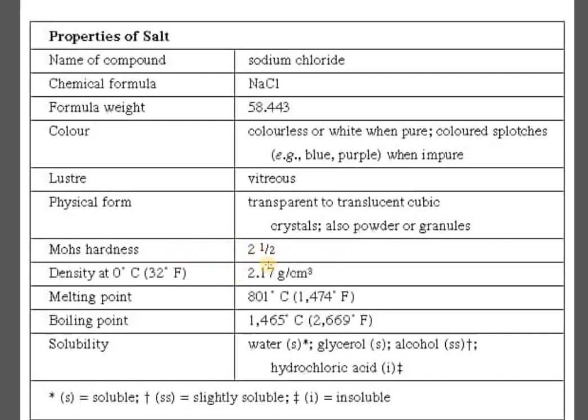Then you will find its density, its melting point, its boiling point and its solubility in different substances. So these are a few of the general physical properties listed in this table.